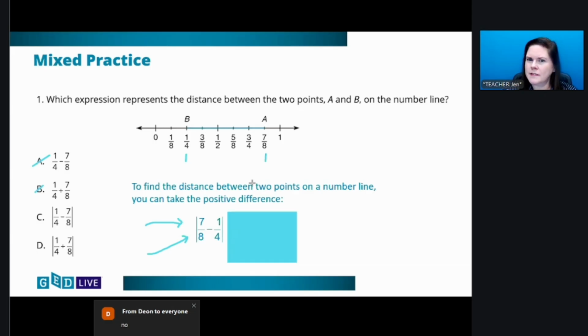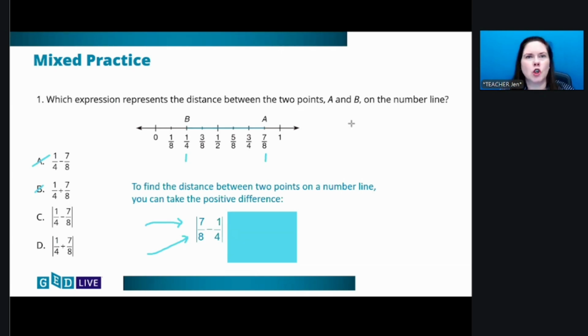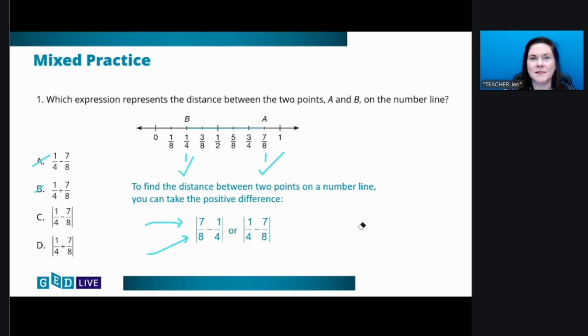So to solve this, we took the positive difference from 7/8 to 1/4. However, you can also solve the difference in reverse. And by reverse, I mean put the 1/4 first, and then take the positive difference between 1/4 and 7/8. So let me show you what that would look like if we did it in reverse.